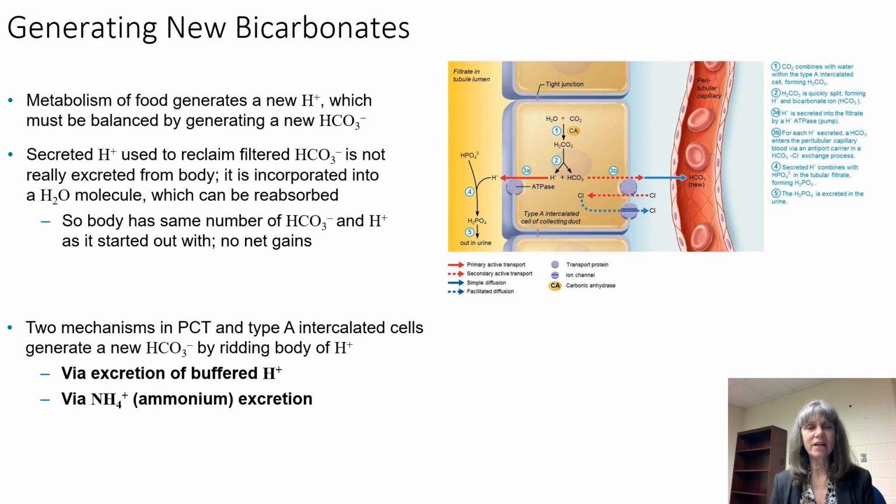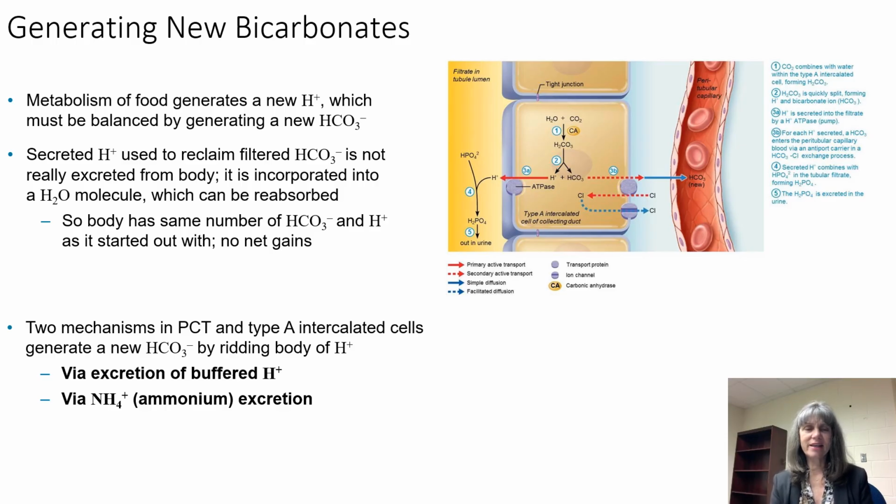So there are two mechanisms in the proximal convoluted tubule, and type A intercalated cells are the ones that are going to generate a new bicarbonate ion by getting rid of a hydrogen ion.